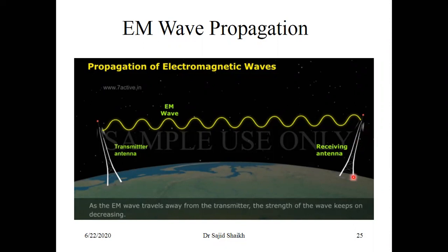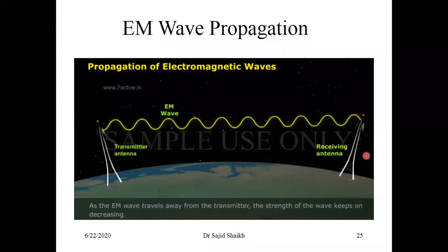We know the shape of the curvature of Earth is spherical. So if you further increase the distance, at one stage the transmitting antenna and receiving antenna are not visible to each other.